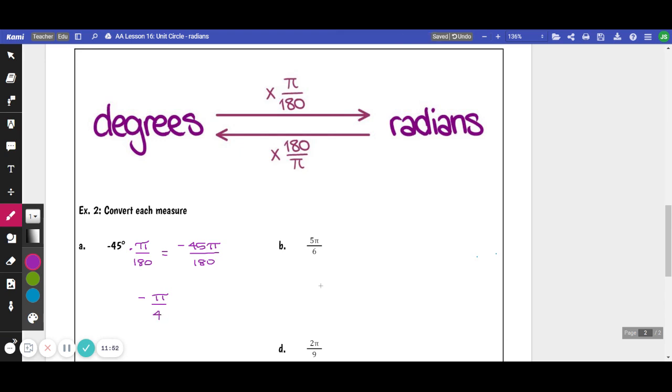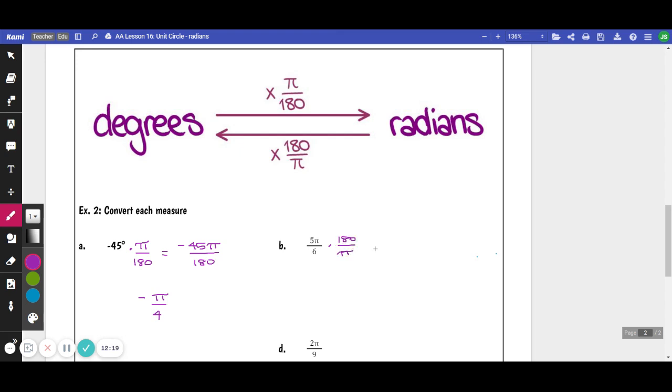Okay, we can do this one. This one's in radians. You know that because there's no degree sign. Anytime there's a degree sign, it's in degrees. No degree sign means radians. Even if you just had a 6 right here, that would be in radians if there's not a degree sign. We want to convert to degrees. So from radians to degrees, we multiply by 180 over pi.